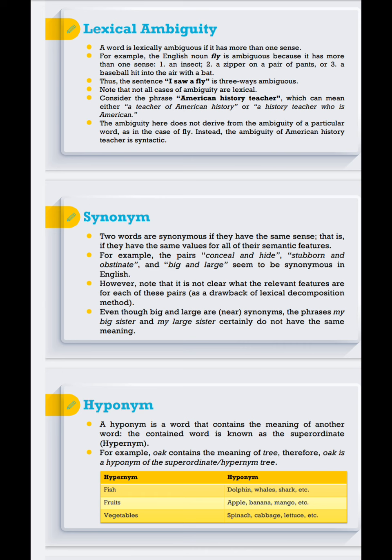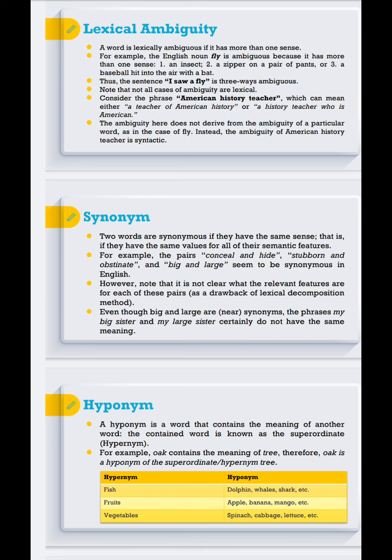And the next, synonym. Two words are synonymous if they have the same sense, that is, if they have the same value for all of their semantic features. For example, the pairs conceal and hide, stubborn and obstinate, and big and large seem to be synonyms in English.